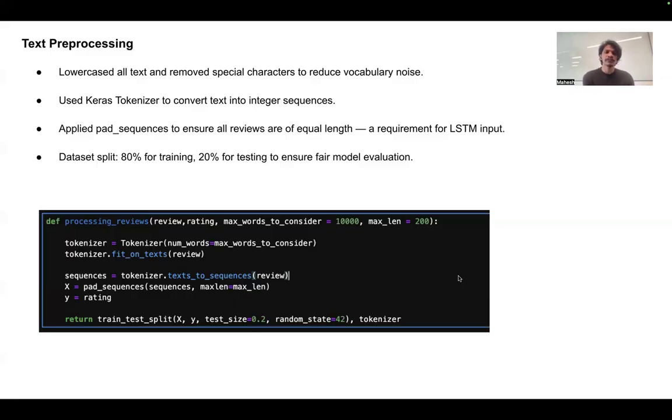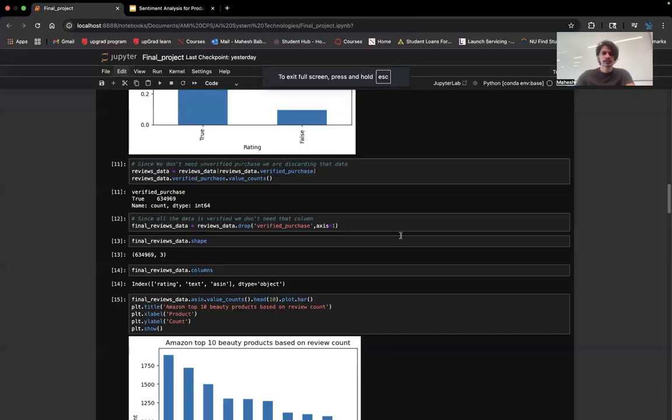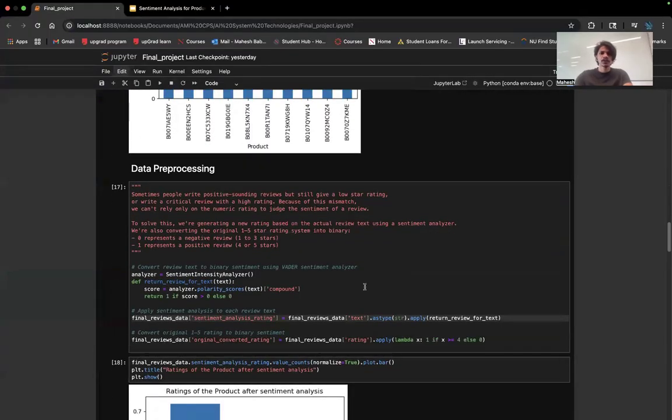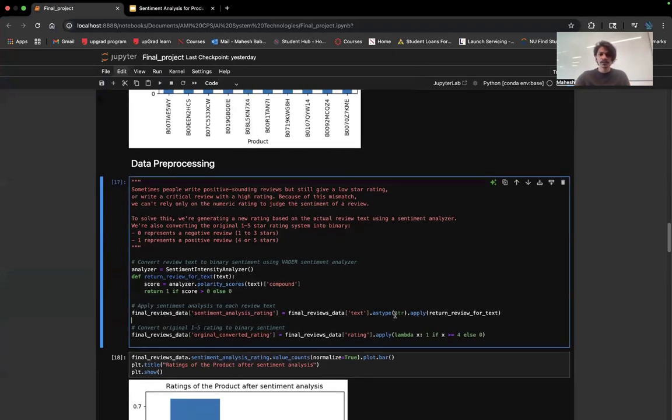Here we can see that we are giving the review and rating as two parameters to this processing function. The ratings can be given directly by the user, or can also be derived by the VADER model, which we thought of. So here I can show you. In this data pre-processing step, we are using the sentiment intensity analyzer.